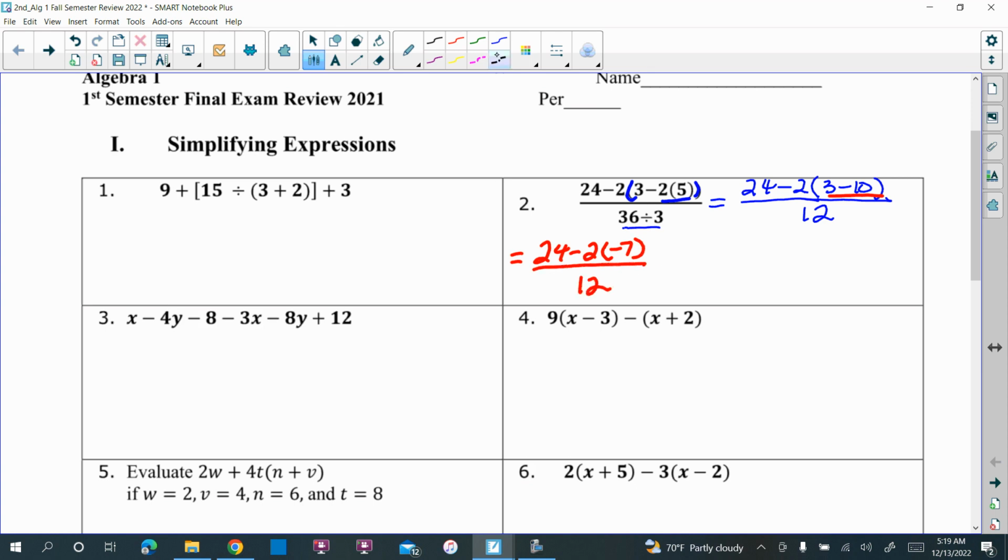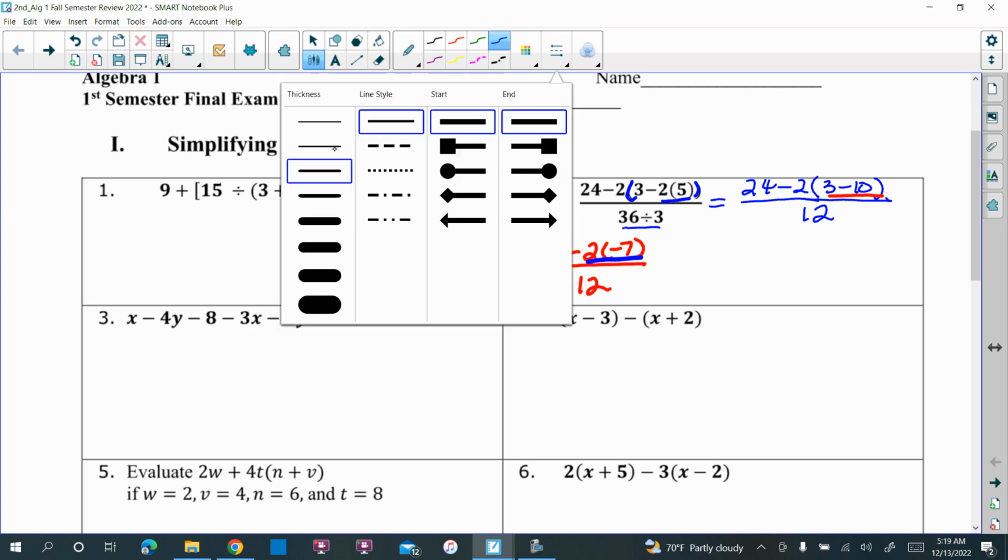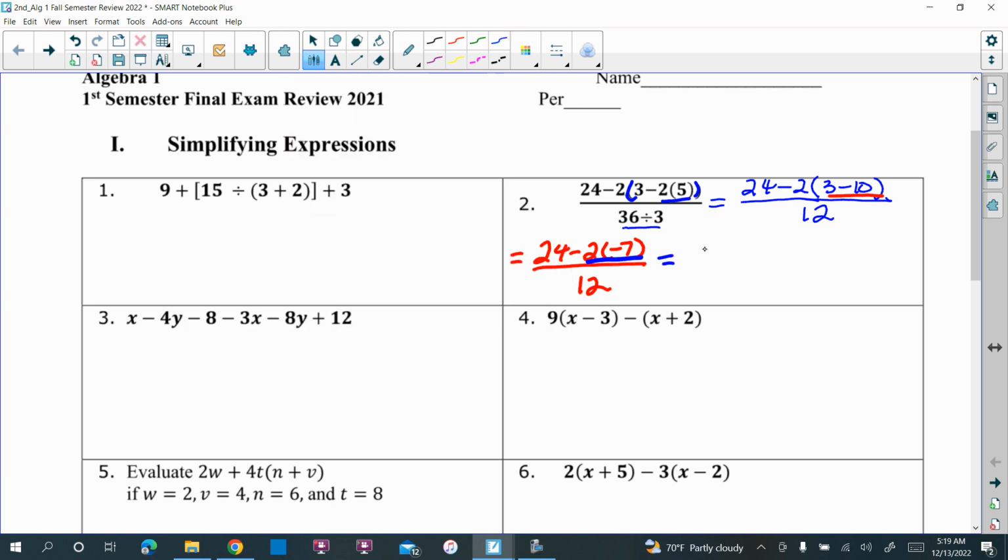Now our next step should be multiplication. Multiplication comes before subtraction. So this gets simplified as 24 plus, because it's a negative 2 times negative 7, plus 14, all over 12. So then this would give us 38 over 12, which you can reduce.